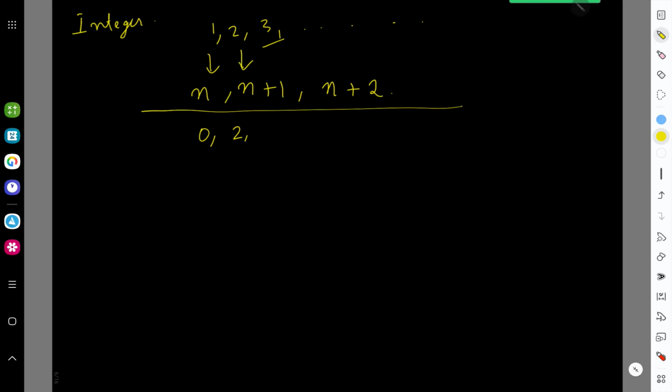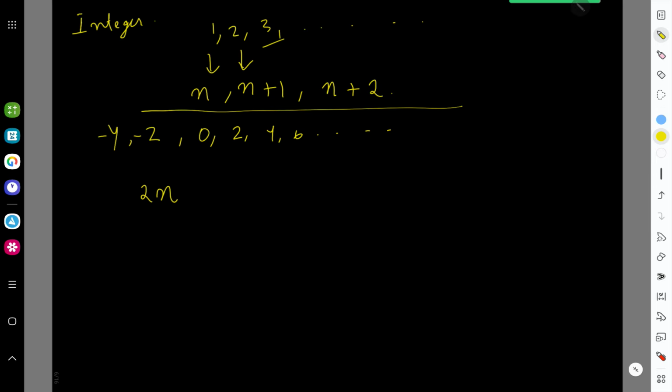What about even numbers? 0, 2, 4, 6. These are even integers. And how do we express an even integer? We express an even integer as 2n.